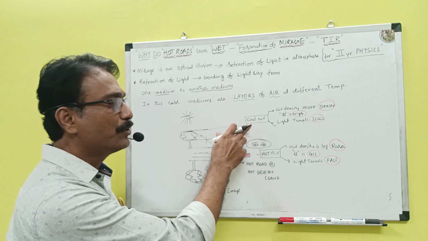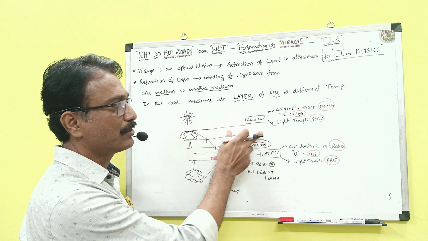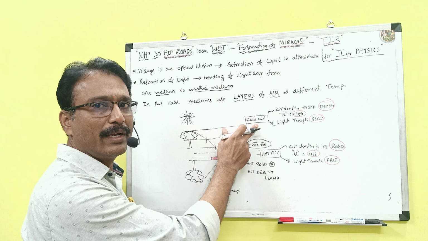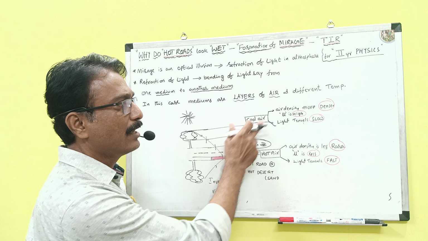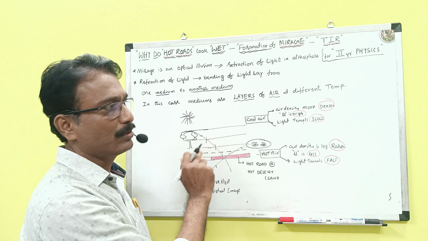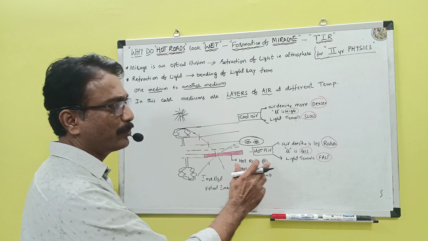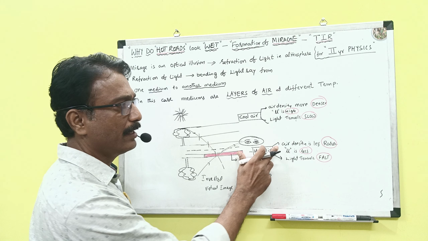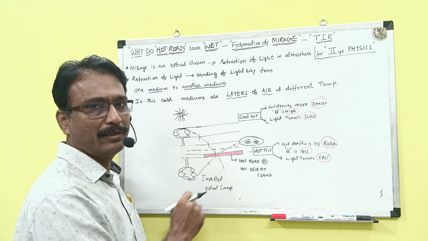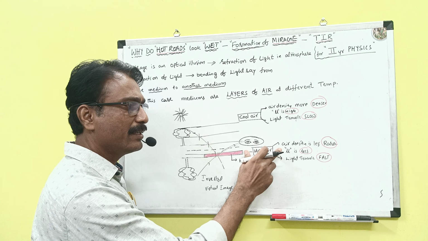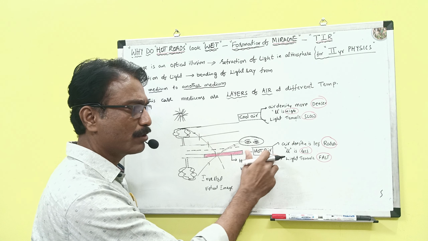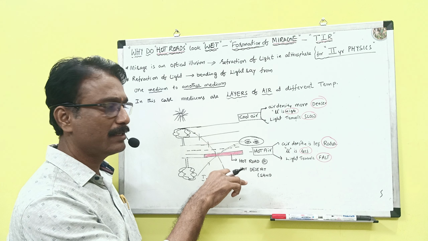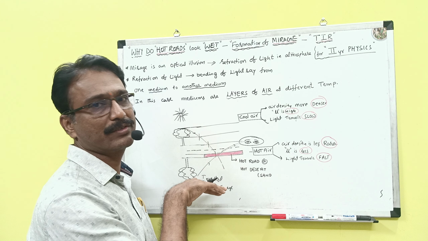The hot air acts as a rarer medium because its density is less, and when the density is less, the refractive index is also less, so the light travels very fast.